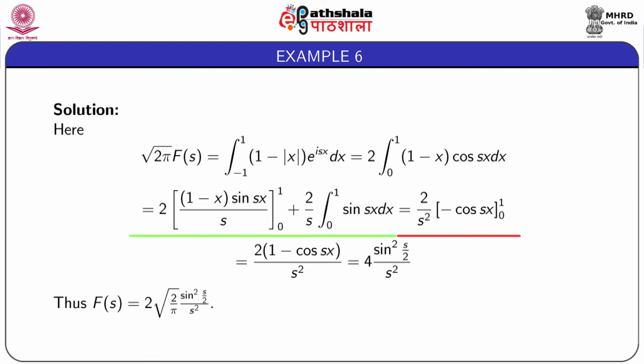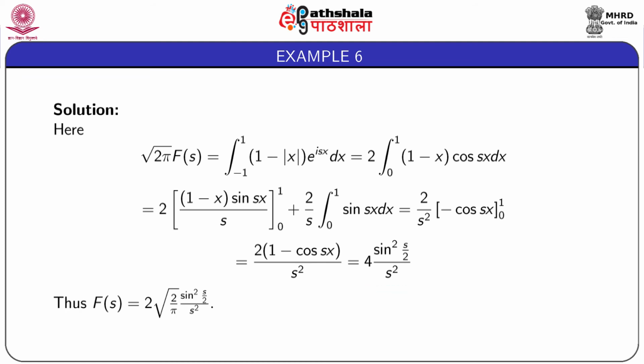That is equal to 2/s² times [-cos(sx)] from 0 to 1, and that can be simplified as 2(1 - cos s)/s², which is equal to 4 sin²(s/2) divided by s².